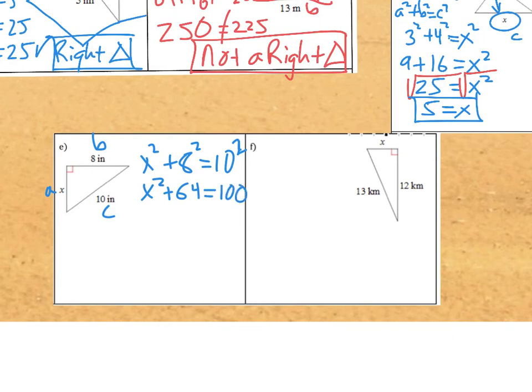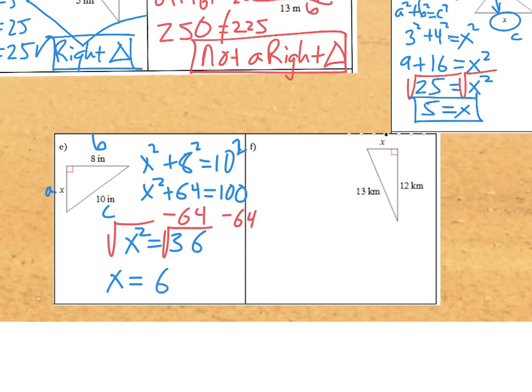We know 10 squared is 100. Now we're just doing algebra. Remember, what you do to one side, you have to do to the other. Let's get the 64 out of there. We'll subtract: 100 minus 64 is 36. And then we'll square root, and x is the square root of 36. We just go with the positive version here, which is 6. Okay, and that's how it's done.